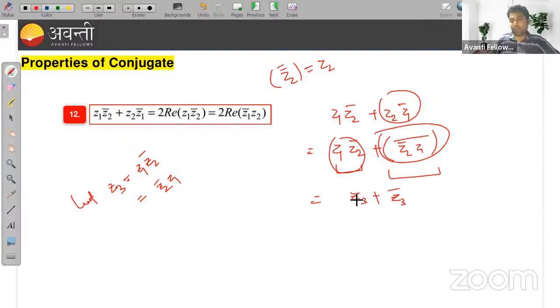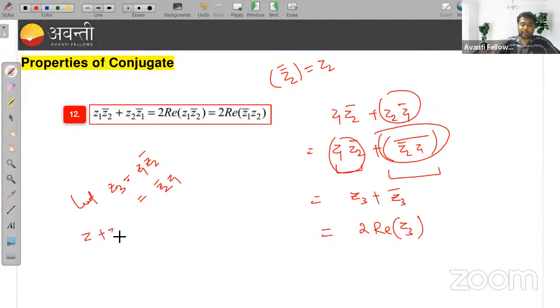Yes or no? We already studied this property: Z1 plus Z1 bar is equal to 2 into real of Z1. So here we can say 2 into real of Z3.